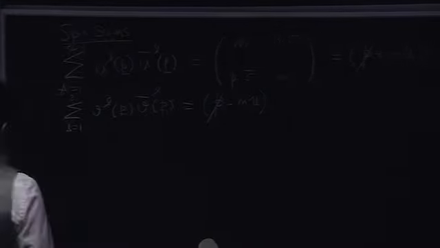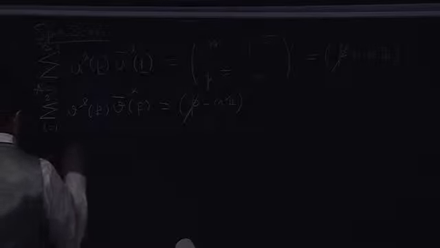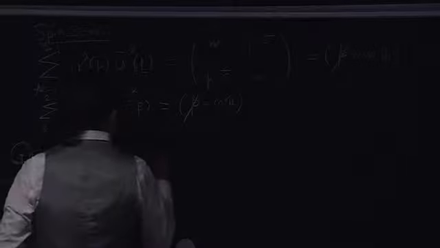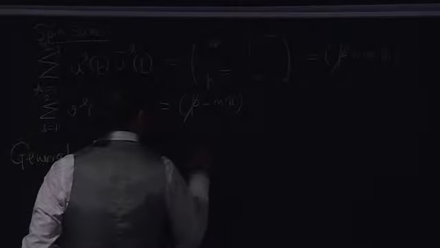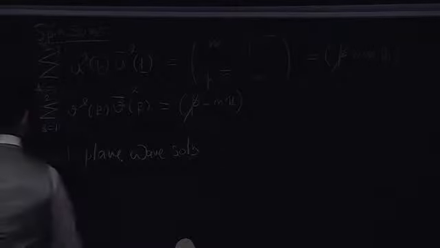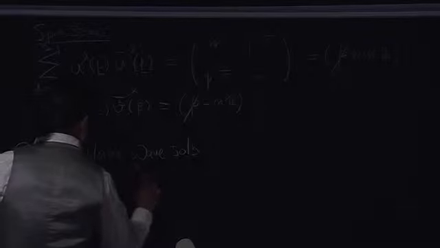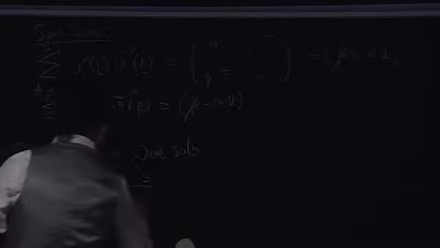So now we have introduced all the elements to write down the general plane wave solution of the Dirac equation. The general plane wave solutions are given by an integral over the momentum, the Lorentz invariant measure.